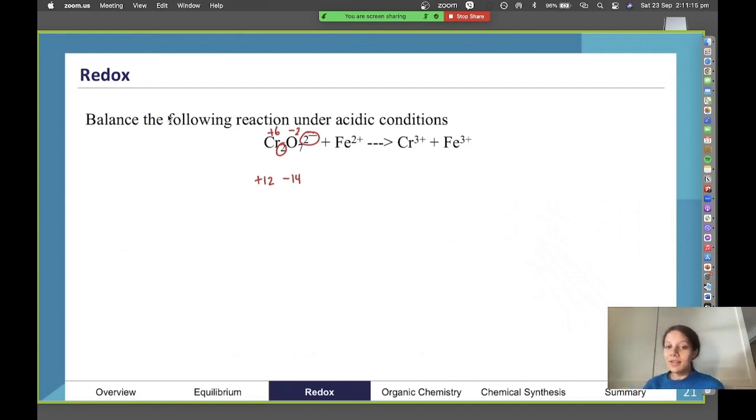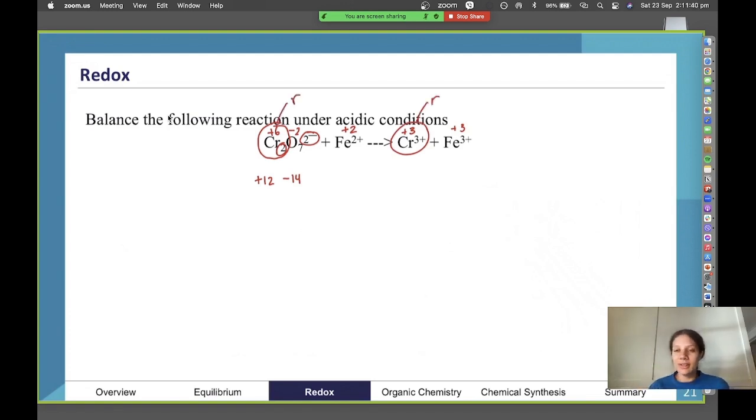And then for our iron, it's just a standalone iron atom there, so that would just be +2, the charge of the actual iron. And same for the other 2 species as well, +3 and +3. So you can see here that our Cr has gone down from +6 to +3. That means it's reduced.